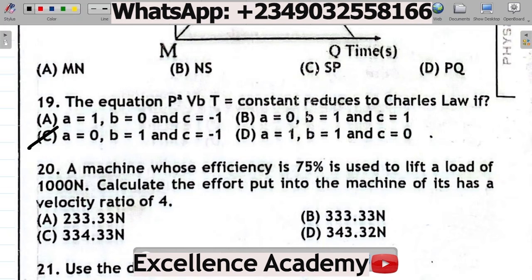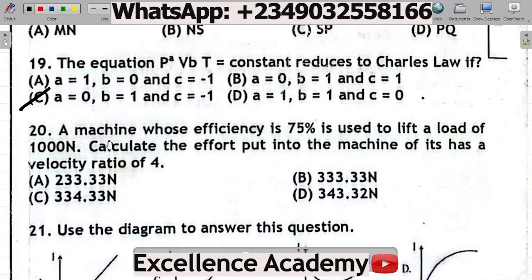All right, finally, question 20. Question 20 says a machine whose efficiency is 75% is used to lift a load of 1000 Newton. Calculate the effort put into the machine if it has a velocity ratio of 4.